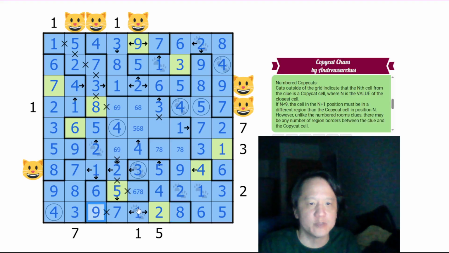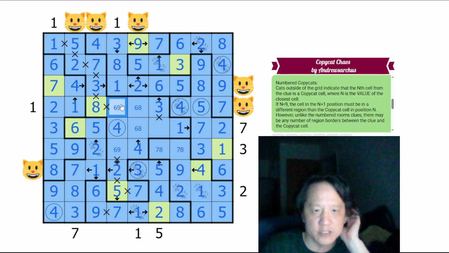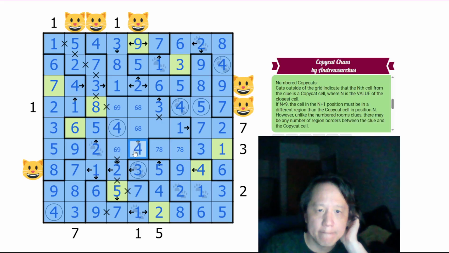Which makes this 8, which makes that 9. No 6 or 8 here, it's 7. And 5 eliminates 5 here, so we have 6, 8 as a pair, 6, 9 as a pair. This region needs access to a 4. It cannot reach this area.